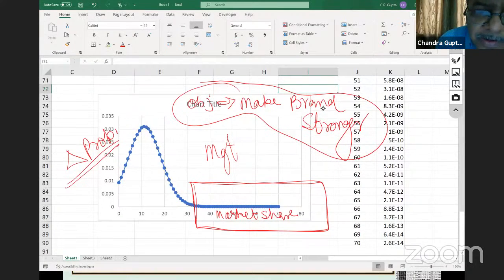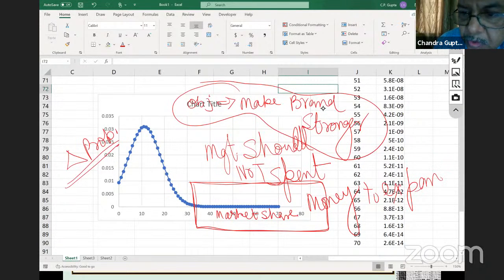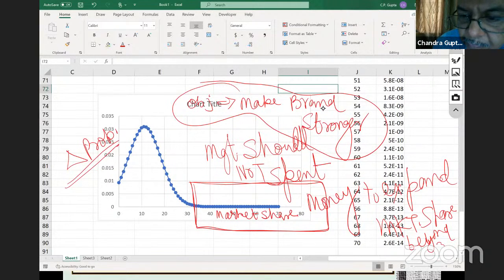Management should not spend money to expand market share beyond 30.